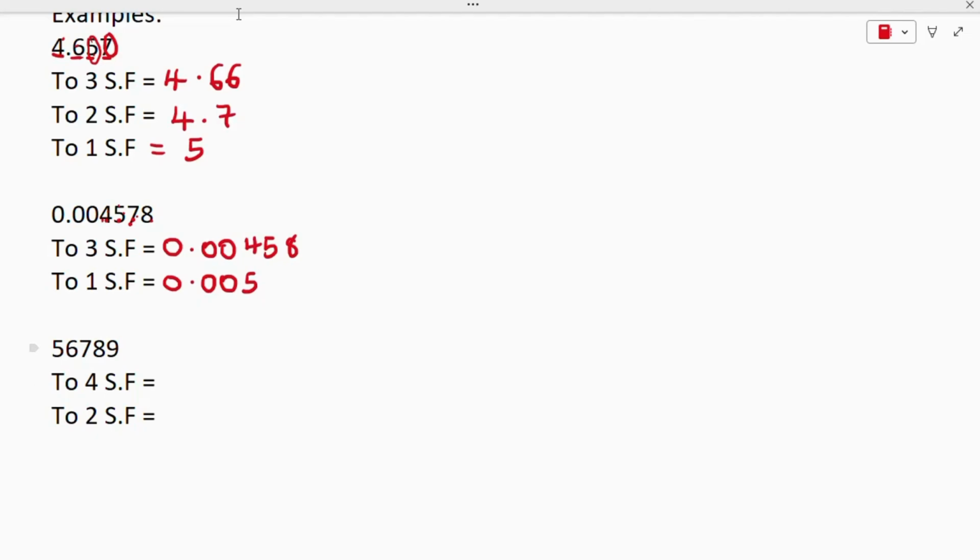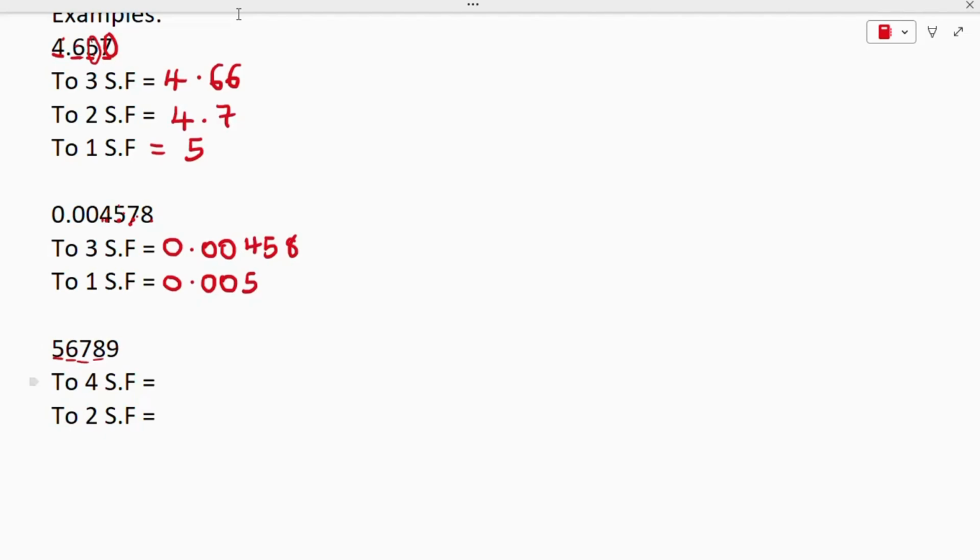So let's try this out right here. We have 5, 6, 7, 8, 9. Let's round this to 4 significant figures. So for 4 significant figures, we have 1, 2, 3, 4. This is the 4th significant figure. We look at the number after the last significant figure, which is 9. Since it is 9, we add 1. So adding 1 to 8, it becomes 9.